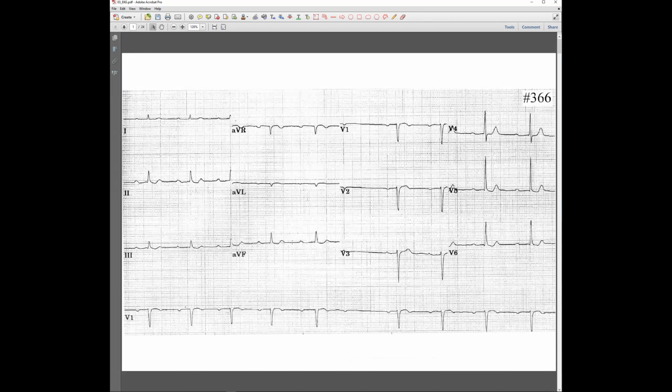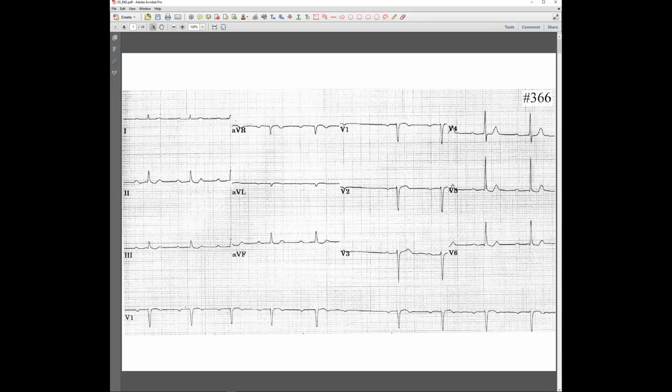Now, next one, the size of the R wave. For left ventricle hypertrophy, we should summarize the S wave in V1 and the R wave in V5 or V6, whichever is greater. If it's bigger than 35, yes, we do have.